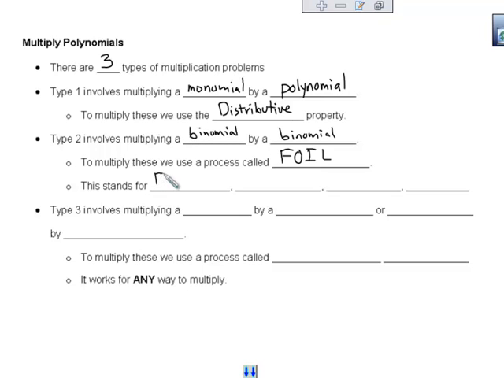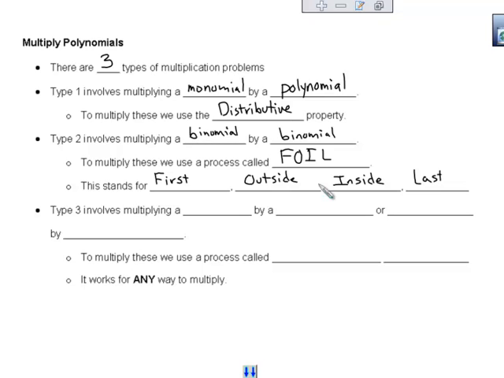So it stands for first, outside, inside, and last. And when we do an example of that, I'll explain further what first, outside, inside, last means.